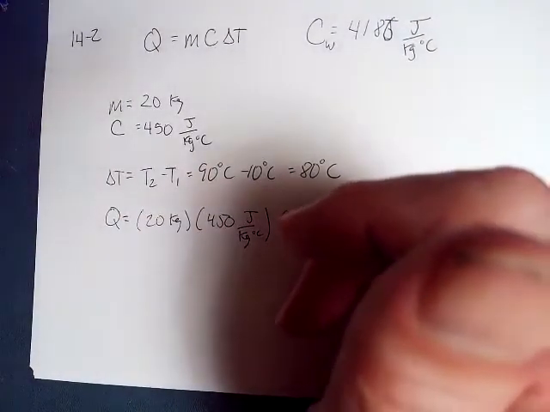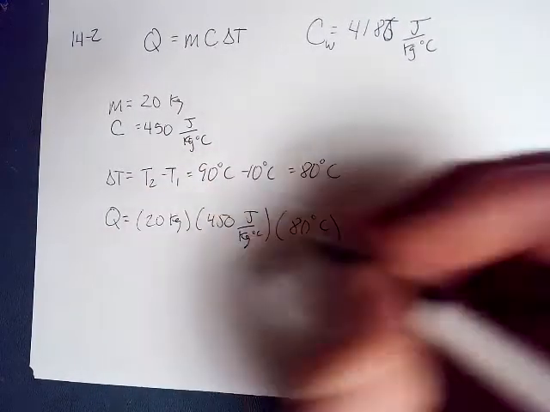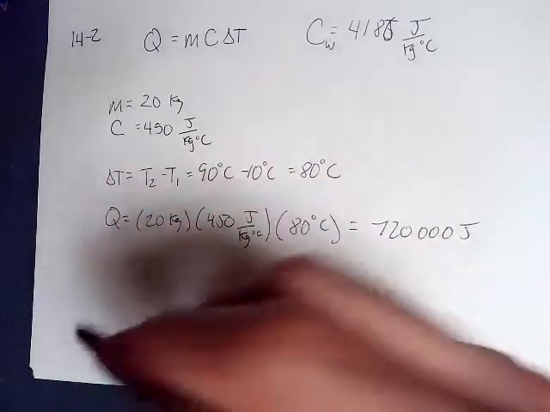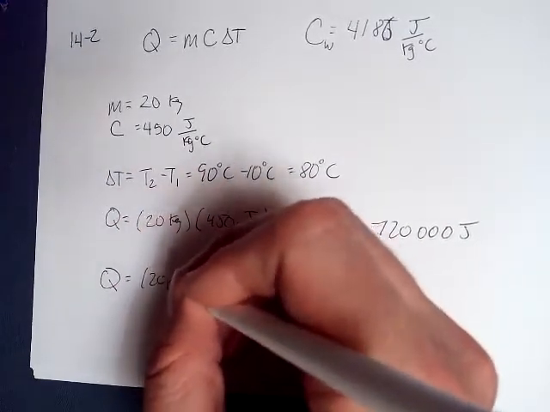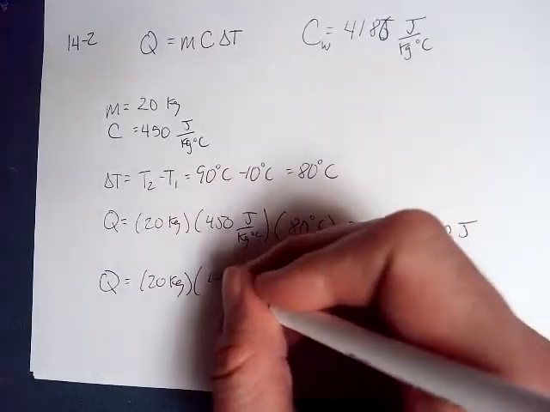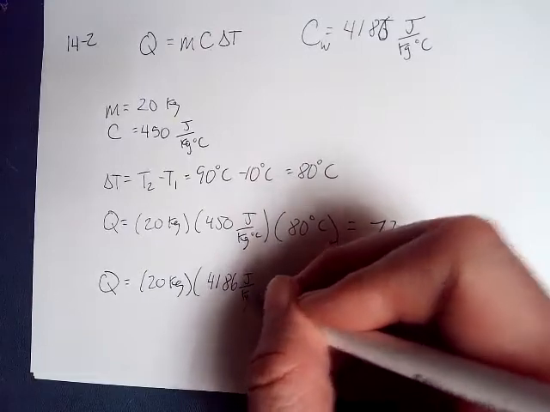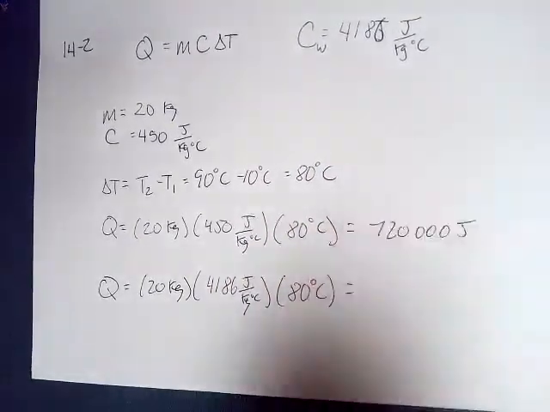Okay, now what if it's filled with 20 kilograms of water? So iron plus water, so we have this amount of heat plus the amount that's going to go into the water. All we need to do is do this again, but substitute in the heat capacity of water instead of iron, same degree change.